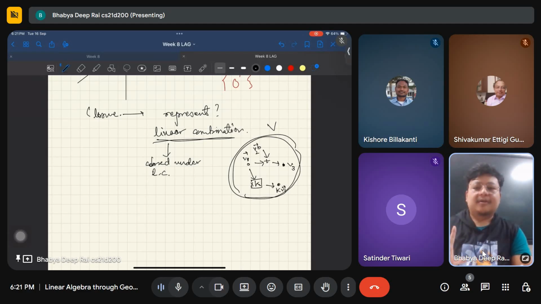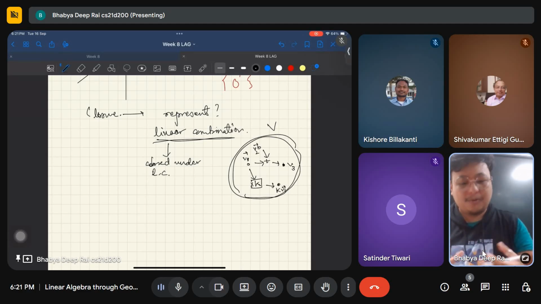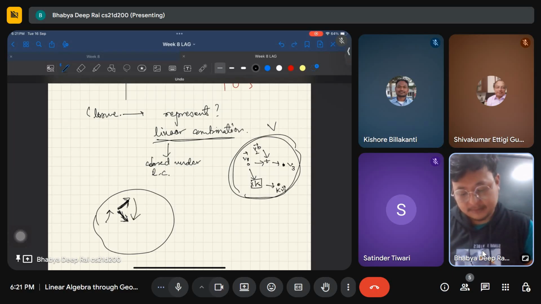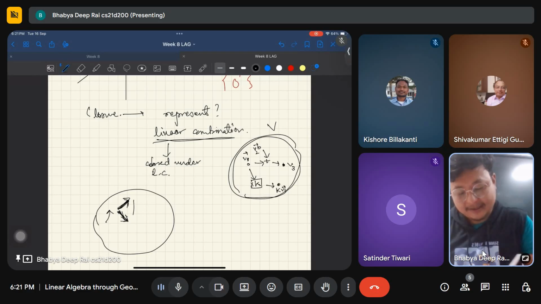So what is the core thing that we see? If I have a set of vectors, I can form a vector space in the following sense. I'll take any pair of vectors which I start with and add them, and I'll get a third vector, and maybe I'll multiply it by k.